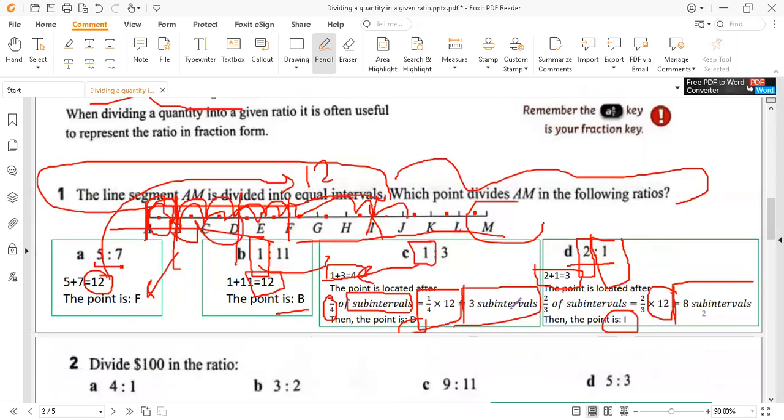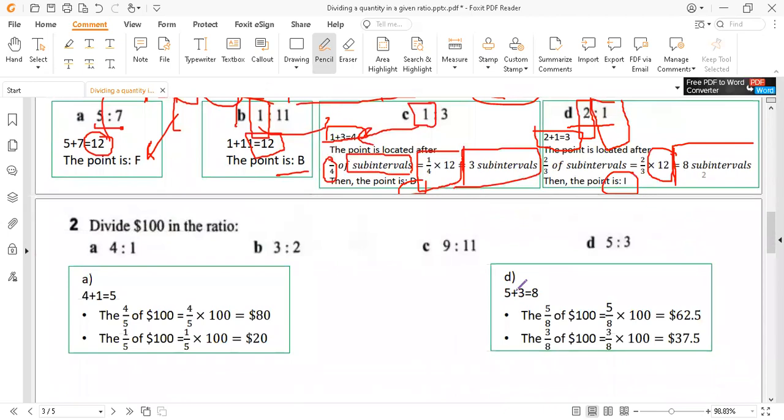So it's easy, but we should practice this process. Divide $100 in the ratio 4 to 1. How? We add both terms to obtain 5. So normally 5 parts for $100.